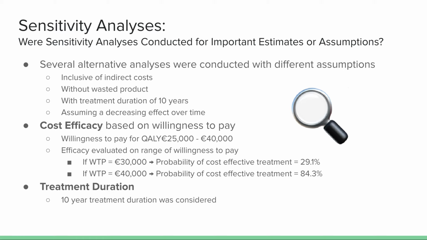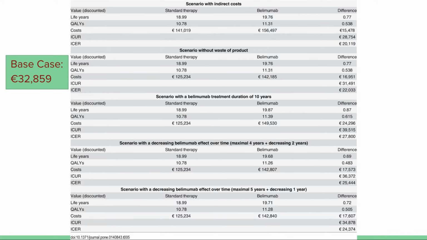Sensitivity analyses were conducted. They evaluated several different situations. They also evaluated cost effectiveness on a range of willingness to pay. So here you can see that there are several different cases that are considered. One case includes indirect costs. Another case excludes wasted product. I don't know why they would do that, because usually product is wasted.